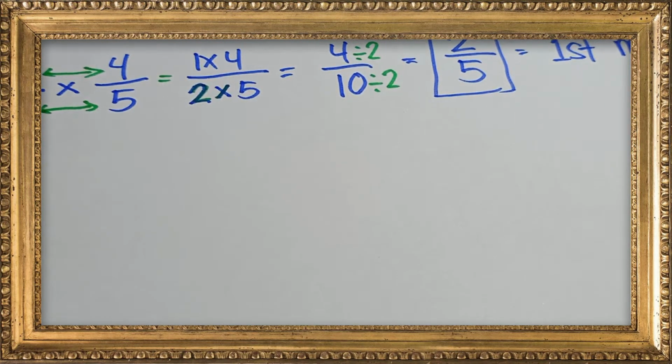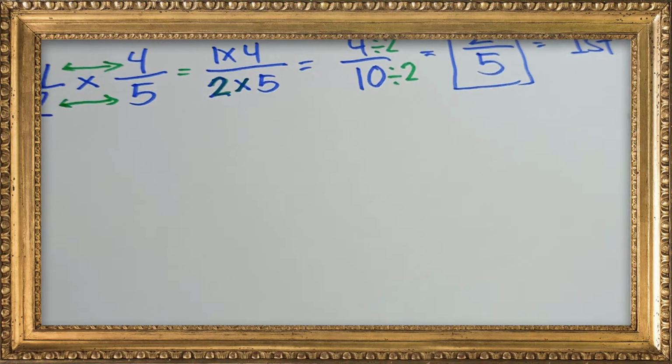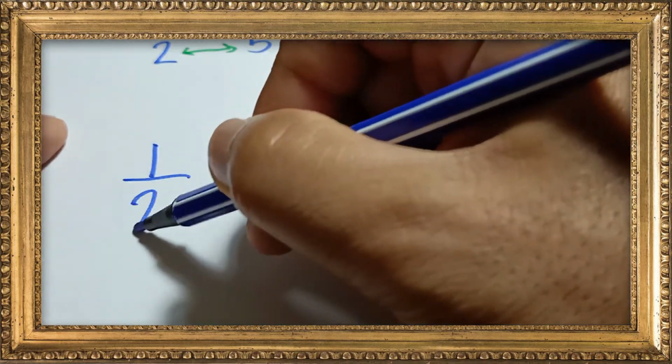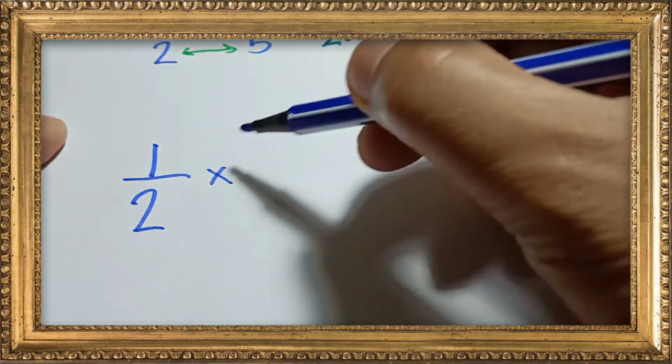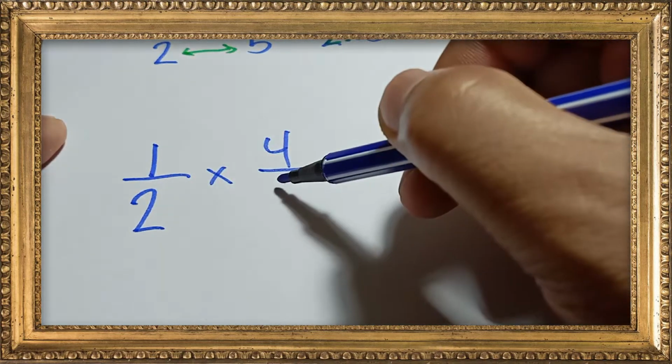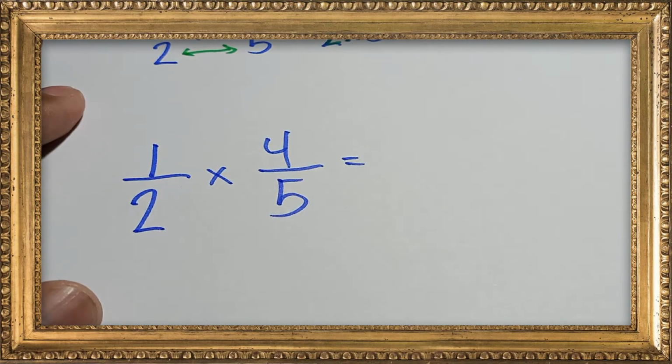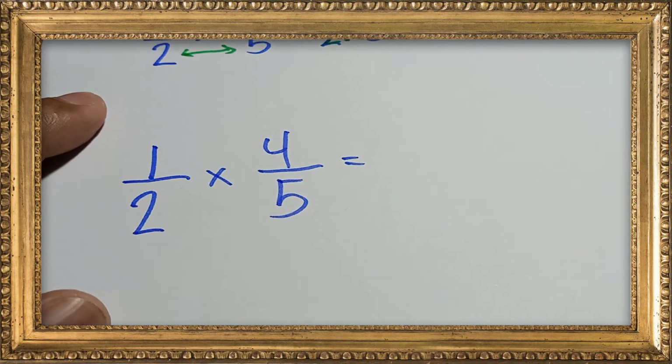Okay, in my second method, the same problem, 1/2 times 4/5 equals. In this method you just cut or cancel out.